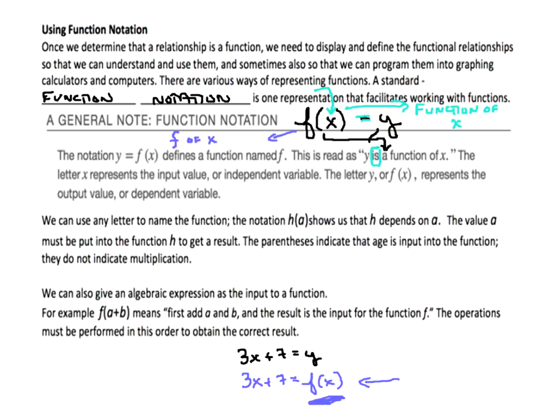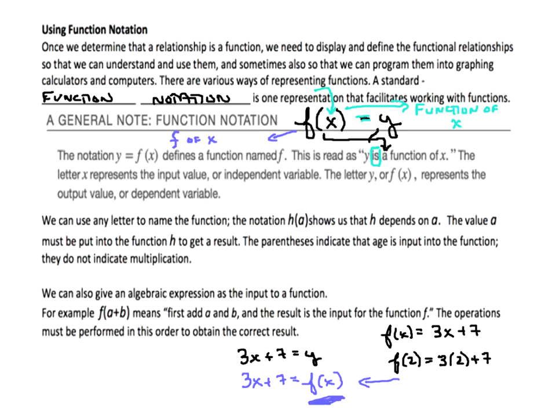And what this allows me to do, so let's say I have f of x is equal to 3x plus 7. This allows me to now ask you, well, what do you get if x is 2? What's f of 2? What is the function of 2 in the expression on the other side?